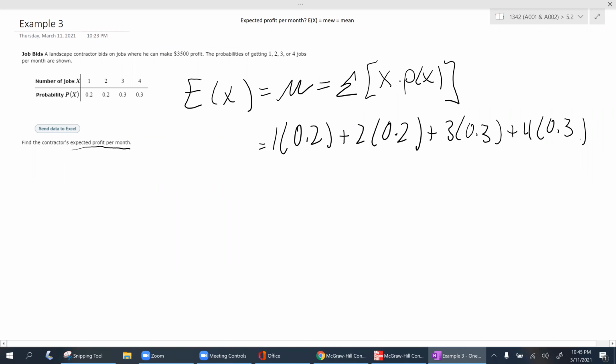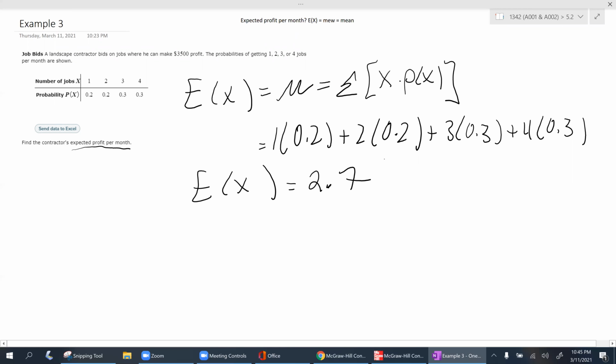We go ahead and sum these up, and this ends up being 2.7 by mean, 2.7.